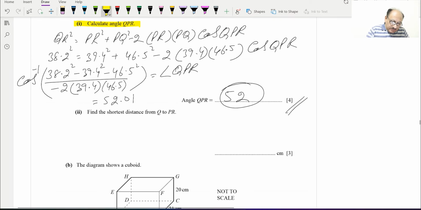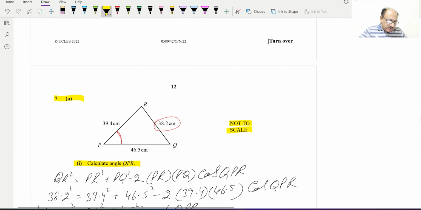Find the shortest distance from Q to PR. So shortest distance will be which one? If we draw the shortest distance from Q to PR, it will be like this, and it will be a 90-degree angle.